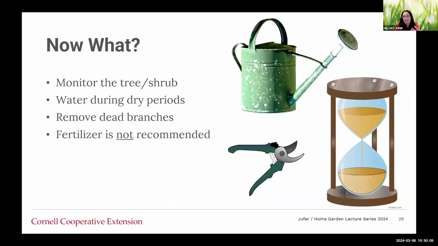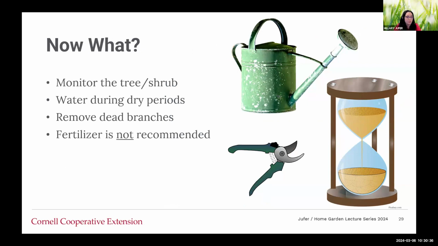So if I have any kind of desiccation going on, what do I do? Again, you're going to want to monitor the tree and shrub. You're going to want to see what's going on over the next year or two. You want to water during dry periods, and you should aid in the watering of these trees for 3 to 5 years after planting, just to make sure that you're getting what needs to be done.